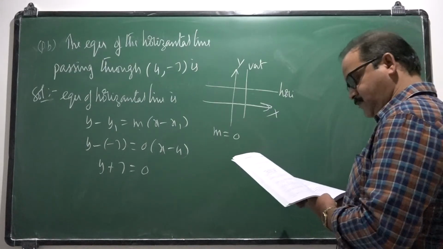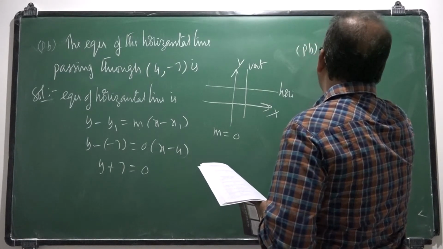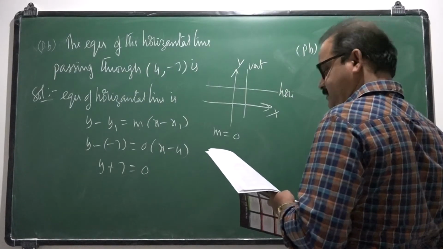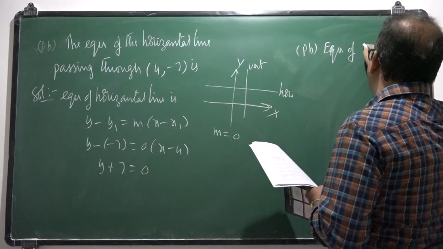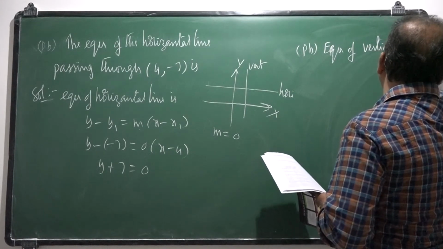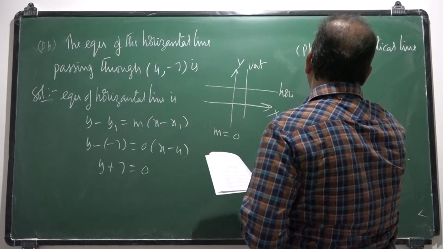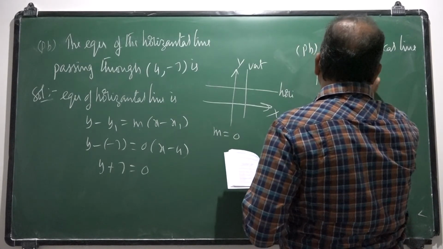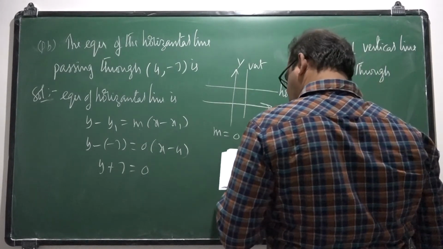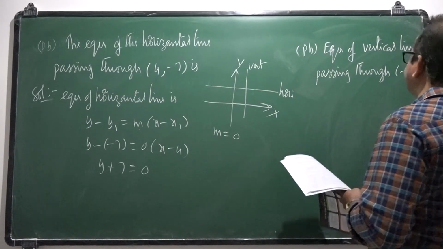In the same manner, find the equation of the vertical line passing through the point (-4, 5).